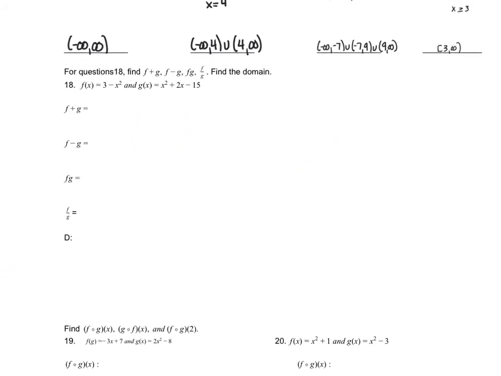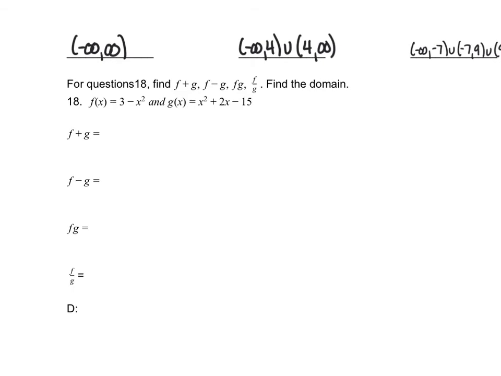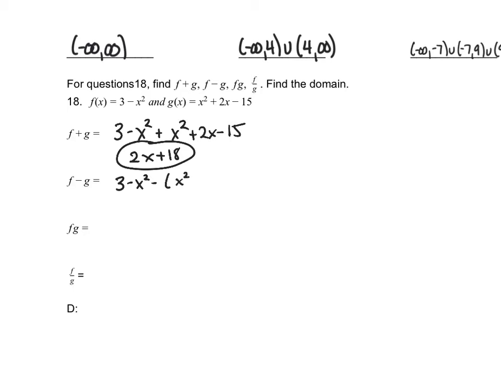All right, so we're going to do f plus g, f minus g, all this good stuff. So f plus g, we're going to add together my two equations. We're going to write it in standard form. So we have 2x plus 18. For f minus g, we're going to distribute the negative sign to the x squared, the positive 2x, and the negative 15.